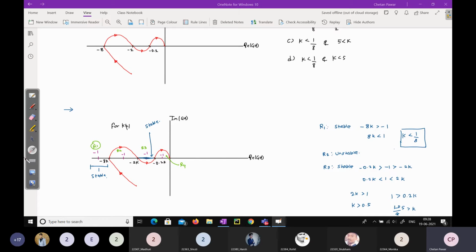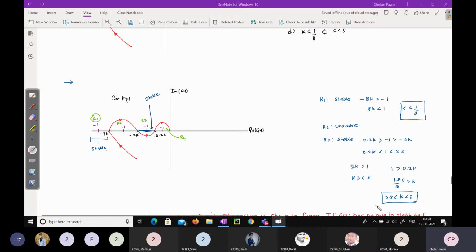If you simplify it, the value of K will be greater than 0.5 and less than 5. So for these two ranges of K, we will get a stable closed loop system.